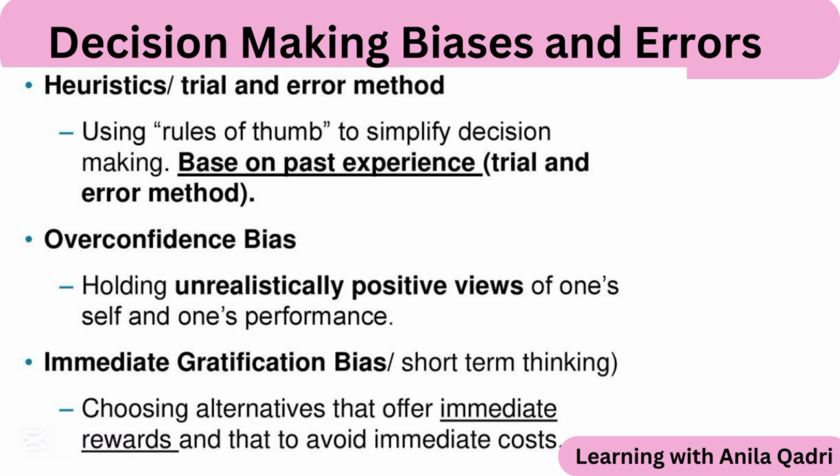Overconfidence bias: holding unrealistically positive views of oneself and one's performance. Immediate gratification bias, or we can say short-term thinking: choosing alternatives that offer immediate rewards and avoid immediate cost.